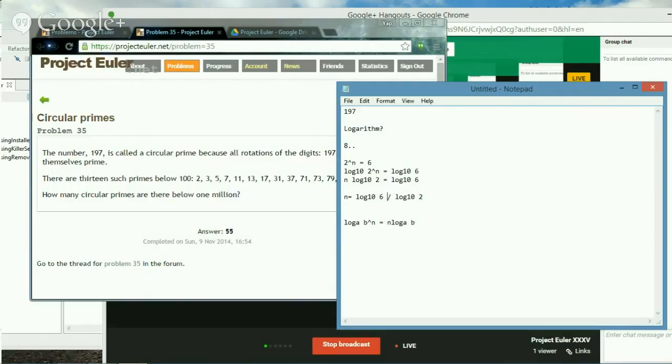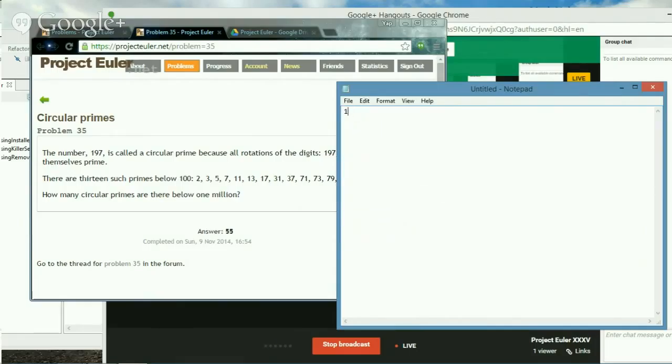So that's it. This is the value for n. Why is this so useful in this situation? Because when I use log 10, I can find the number of digits in the number.